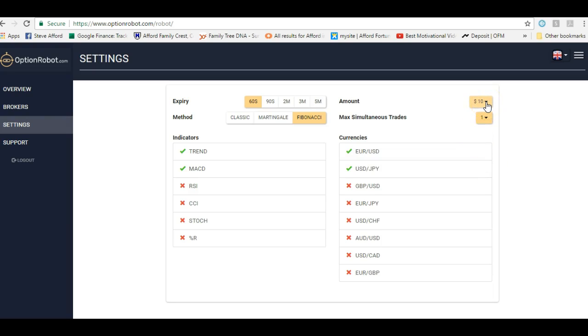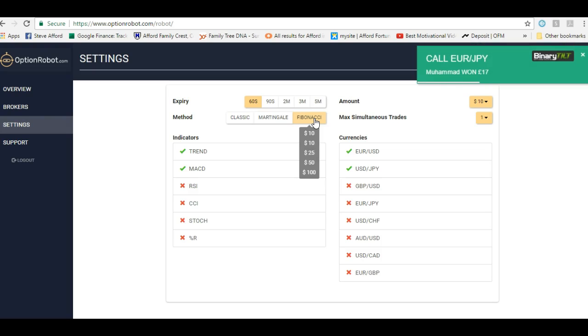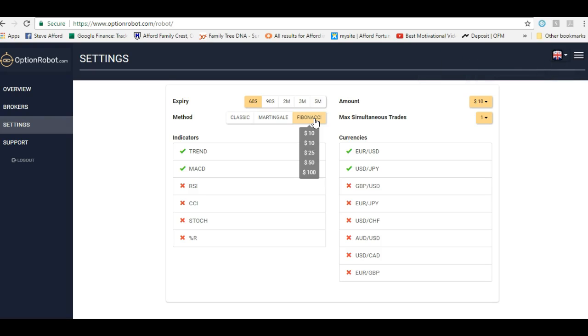If it was $5 and you missed that first trade, your second trade must double, so from $5 to $10. By using this method, Martingale or Fibonacci, it automatically trades $10 for you, and it goes up to 25 and 50. Automatically, that is done for you. The software does that until you win a trade.